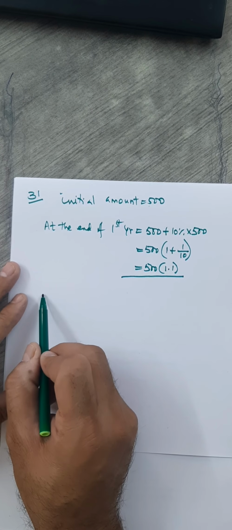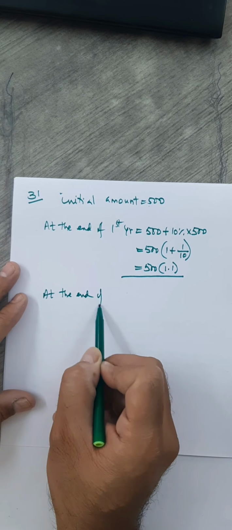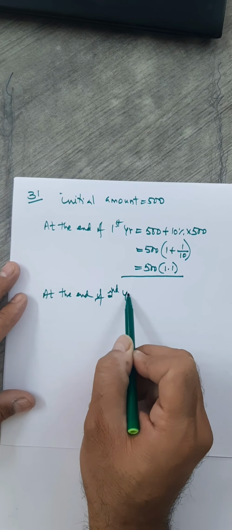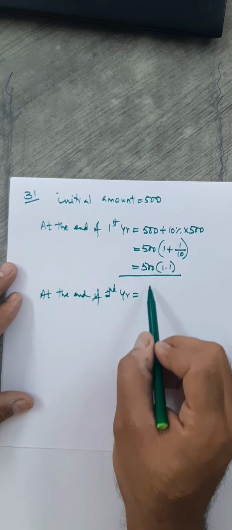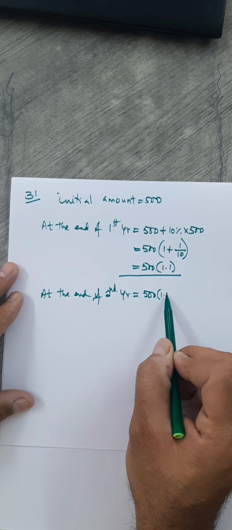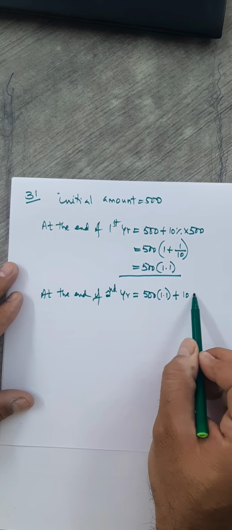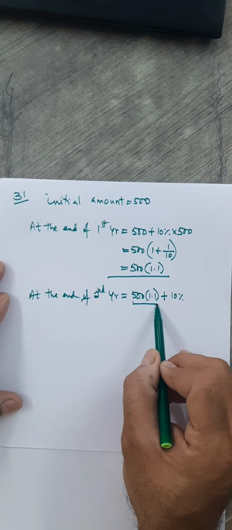Same way, if I do at the end of second year, how will I do this? Now amount is this 500 into 1.1 plus 10% of your amount.